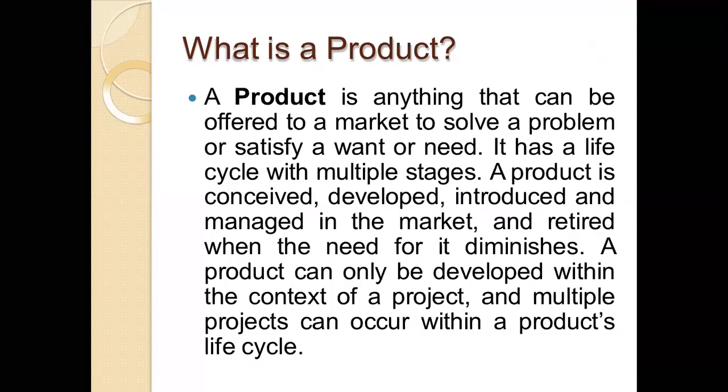A product is conceived, developed, introduced, and managed in the market and retired when the need for it diminishes. A product can only be developed within the context of a project. You cannot develop a product outside the context of a project, and multiple projects can occur within the product's life cycle. So there may be more than one project while designing a particular product.